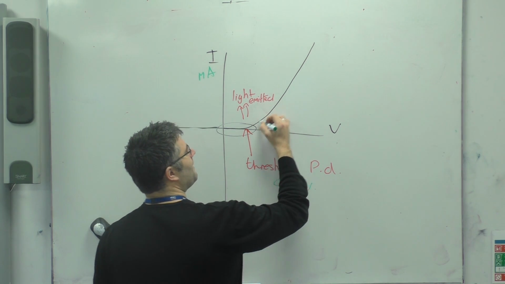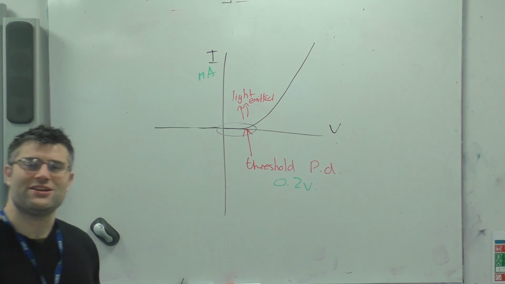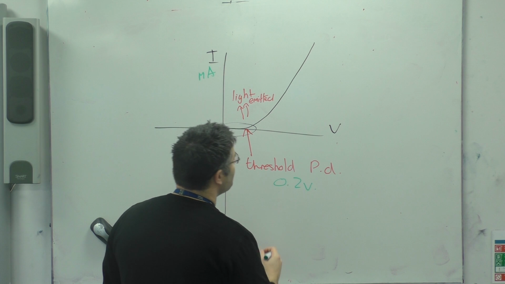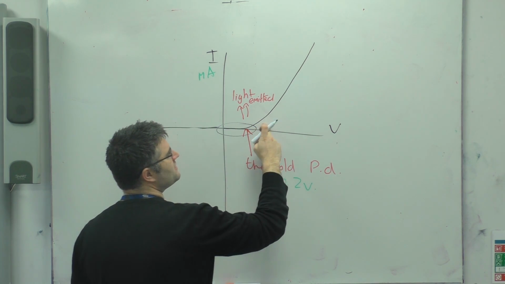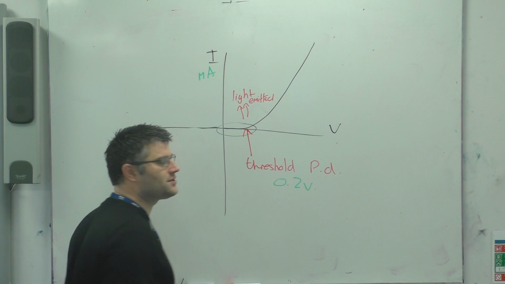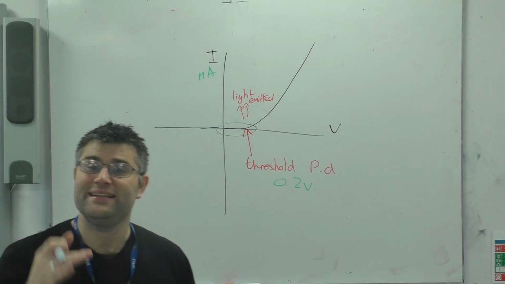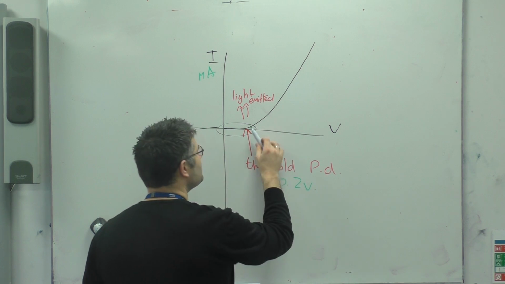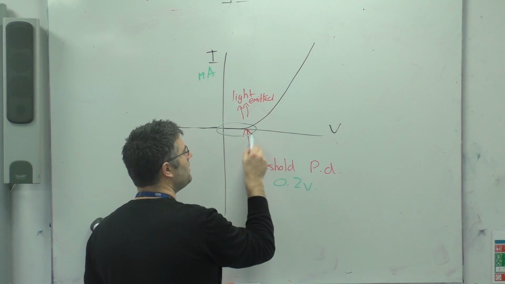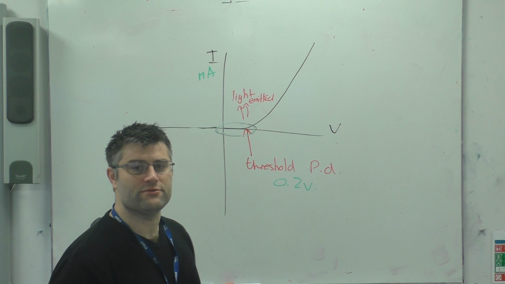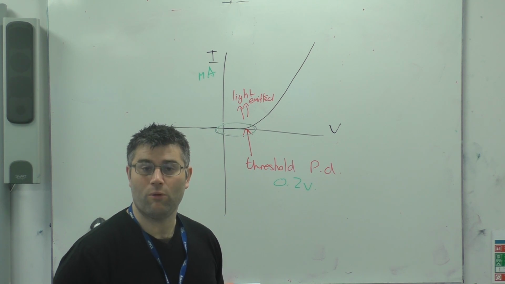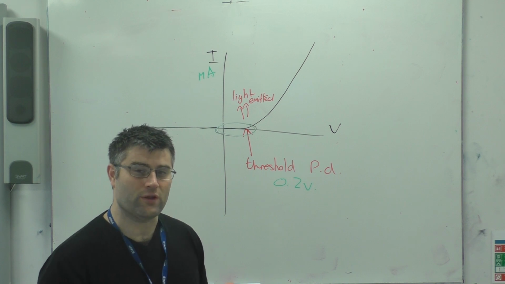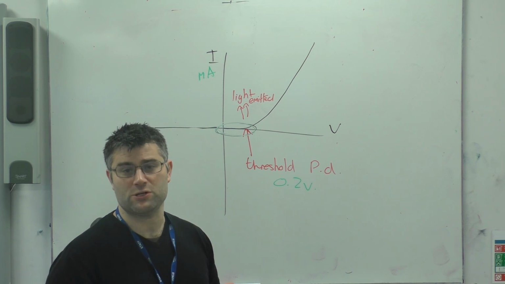So what do you notice about this line? Well, we've already said it's a non-ohmic resistor. So the resistance is doing what? Well, the resistance is decreasing. It initially decreases because here, what is the resistance? If you don't allow any current to flow, it has to have the maximum possible resistance.